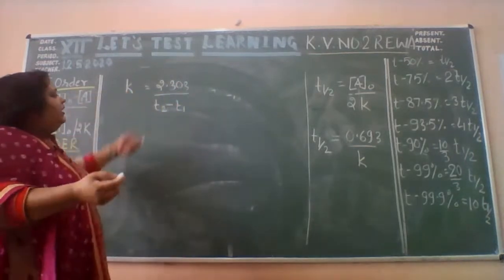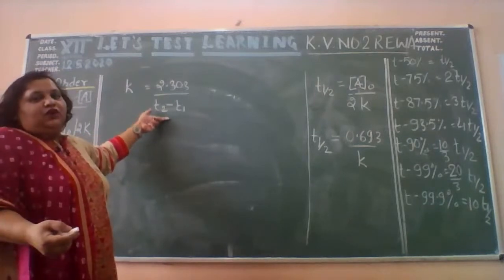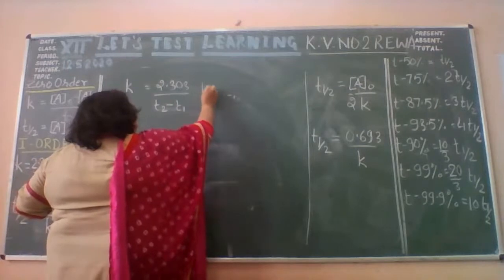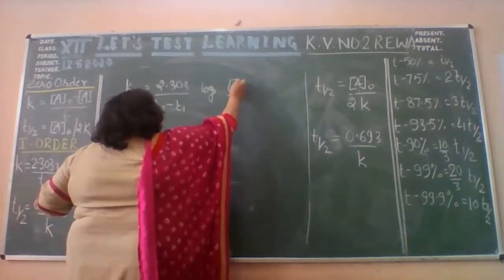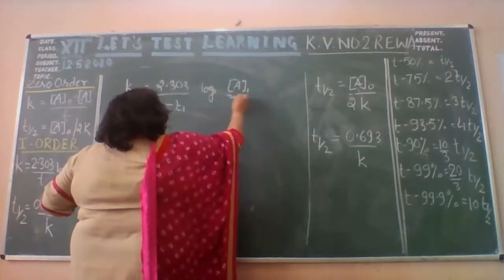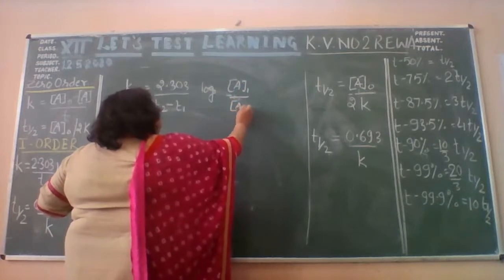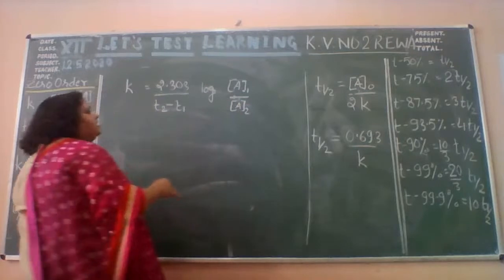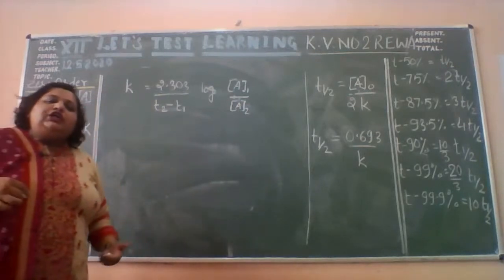Whatever you are writing, this is the time interval only for the reaction, right? Log A1 upon A2. The concentration at time interval T1 and the concentration at time interval T2.